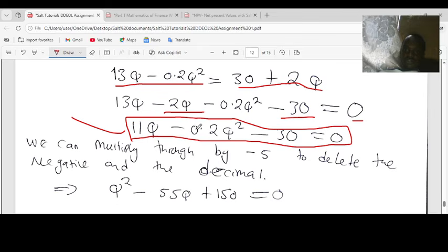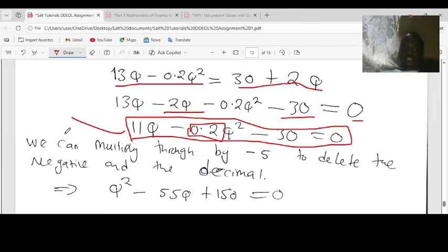Sometimes it's just as good to break it down into simpler versions. How do I break it down? Sometimes mathematics is about having big eyes, because this 0.2 is the same as 1 over 5. To make it a whole number instead of a decimal, the only way is to multiply by 5, and I also multiply by negative to make the Q squared positive. That's a technique.